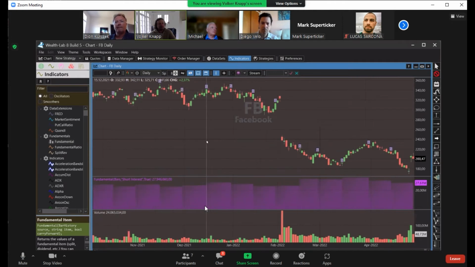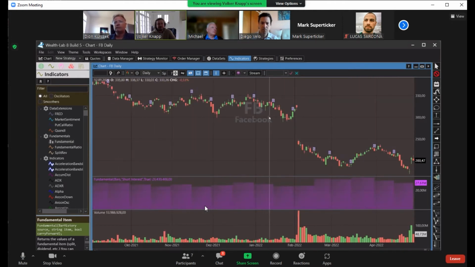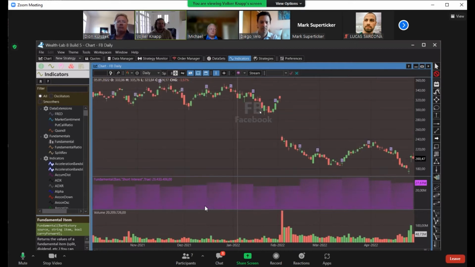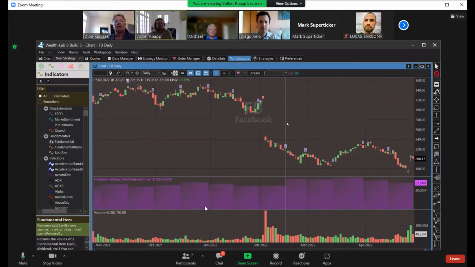So it's kind of showing the open-endedness of the platform in a way. You can use it in drag and drop, and say if the short interest does this, whatever. Since it's an indicator, you could use it wherever you can use indicators in a building block strategy, as a rotation, weight, anything basically.